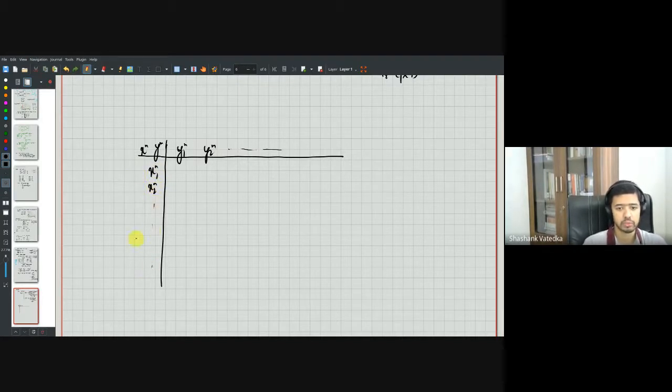So this is all possible xn's and all possible yn's. Corresponding to each xn, yn pair, we have a particular pair of codewords, say 0, 0, maybe 1, 3, and so on.